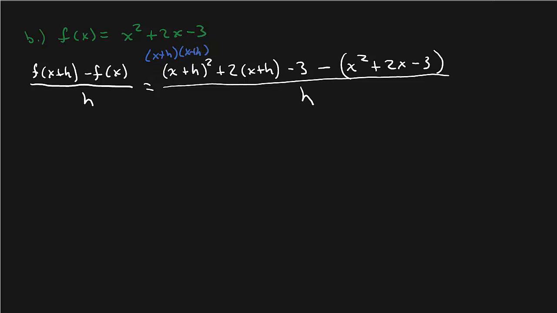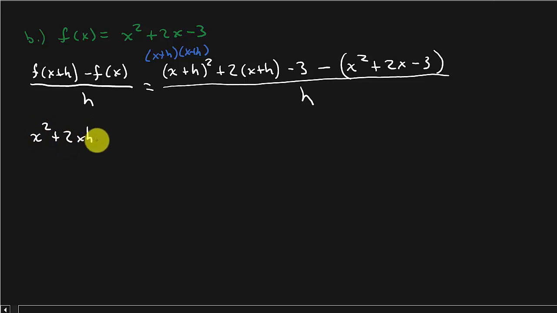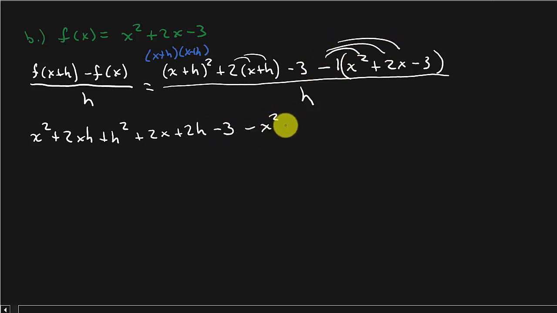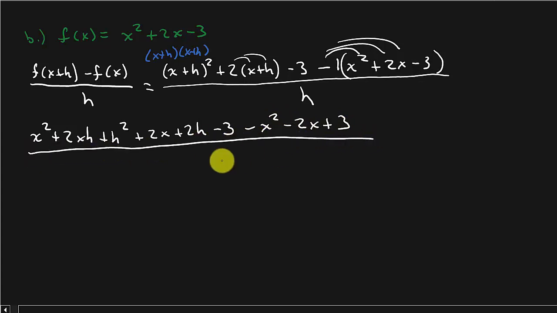You'll FOIL that out, and you'll get x squared plus 2xh plus h squared. Then I'm going to distribute the 2. So plus 2x plus 2h minus 3. And then I'm going to distribute the negative. So minus x squared minus 2x plus 3. And all this over h.